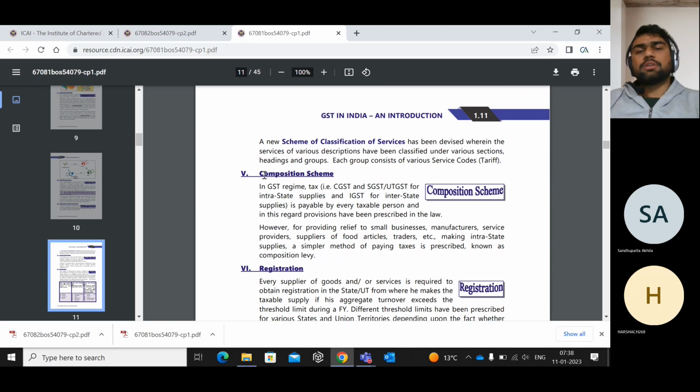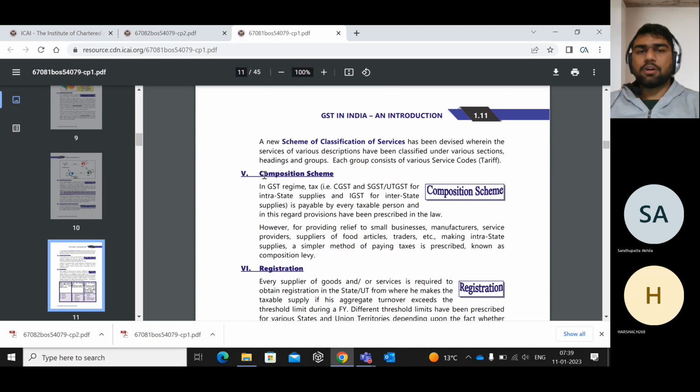Normally, the composition scheme for goods applies to turnover less than 1.5 crore, or for some special category states, turnover less than 75 lakhs. For that, this benefit is available. In upcoming chapters we will learn in detail about this composition scheme.